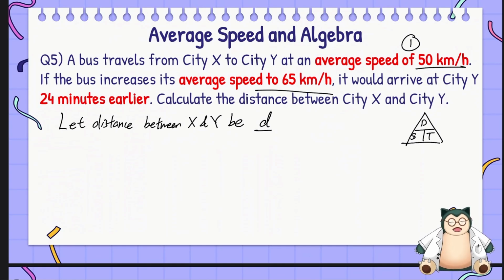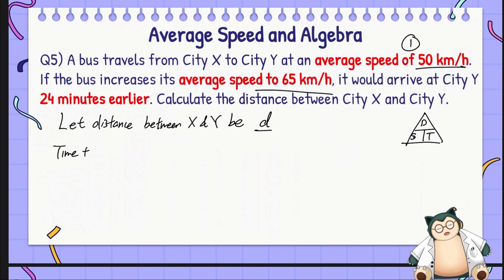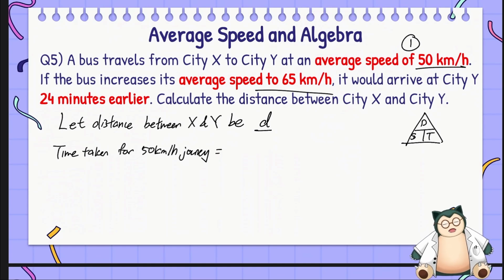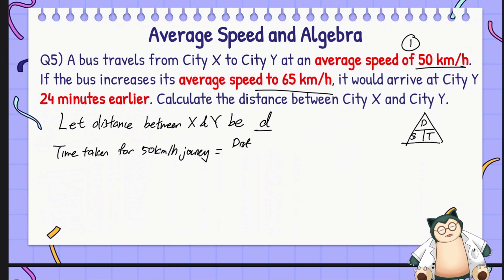So we know that the time taken for the 50 km per hour journey would then be distance over speed, which is d over 50.